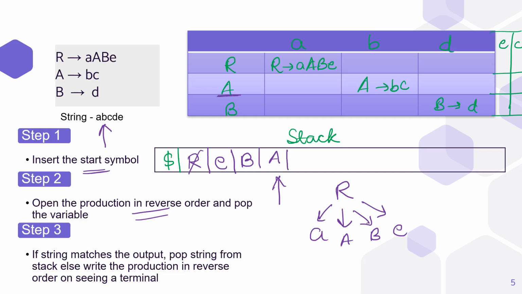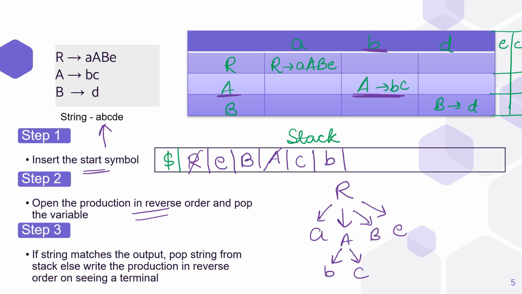What would A see on seeing B? So it would use this production and it would expand it here. We are expanding A, putting its content in reverse order, and popping out the variable A.